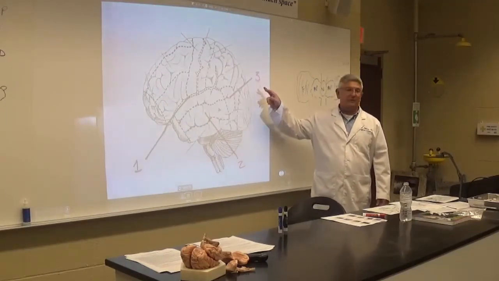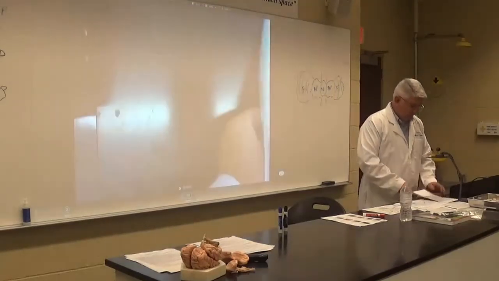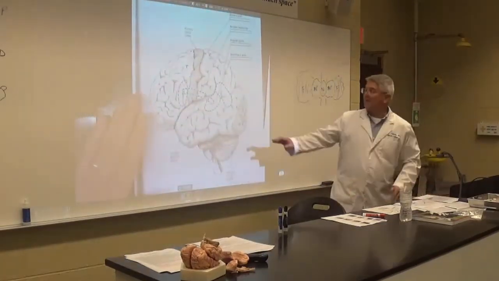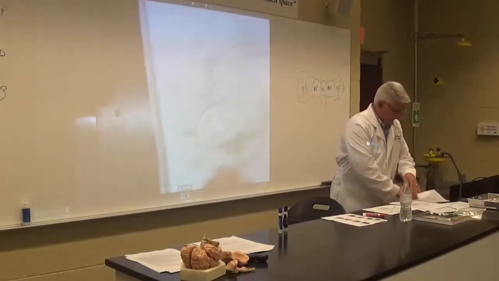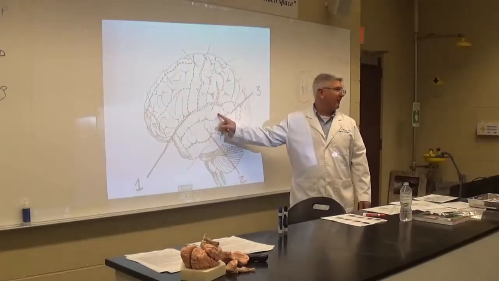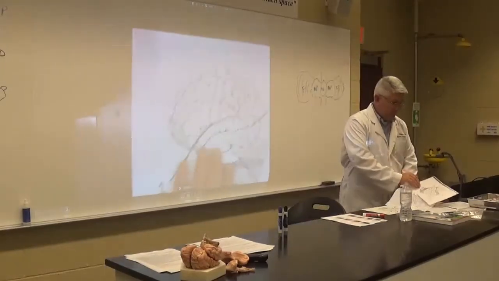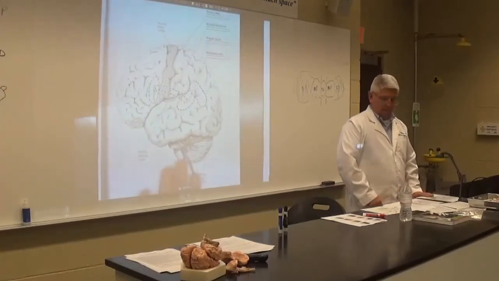Angular gyrus, right? If I were to ask you for Broca's area or Wernicke's area, I'm going to actually use this slide where it's outlined. I'm not going to use this and just say, what's this area? That's not fair. Okay? So this is the one that I'll mark the language pathway with. Okay? All right?